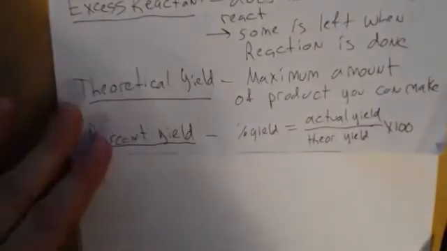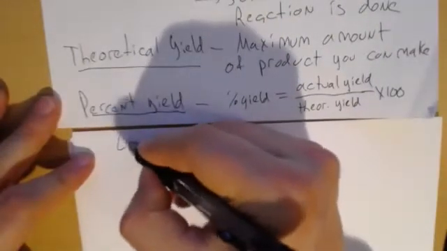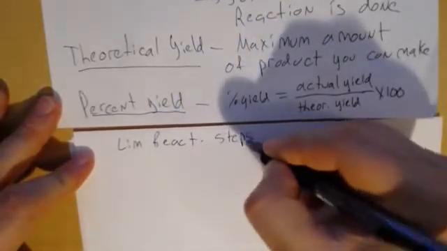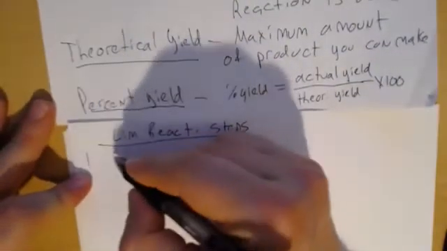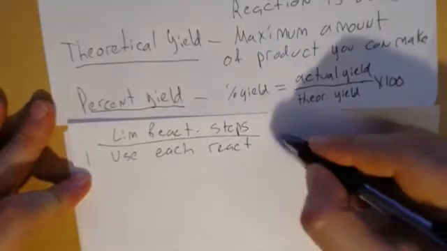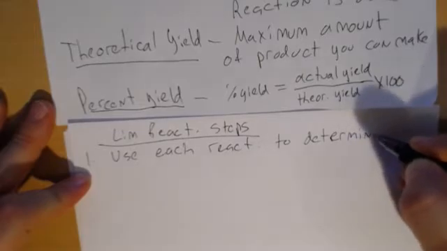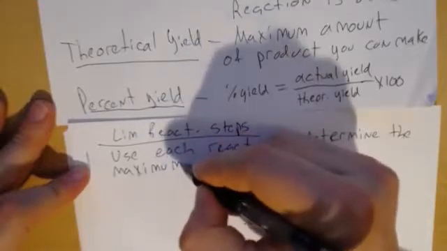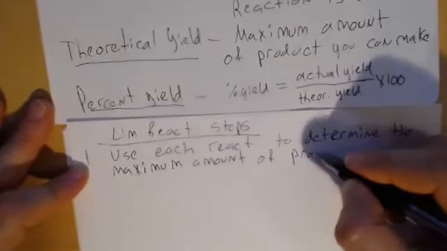Okay, so let's continue. There's a set of steps for these. So, limiting reactant steps. The first step is to use each reactant to determine the maximum amount of product.